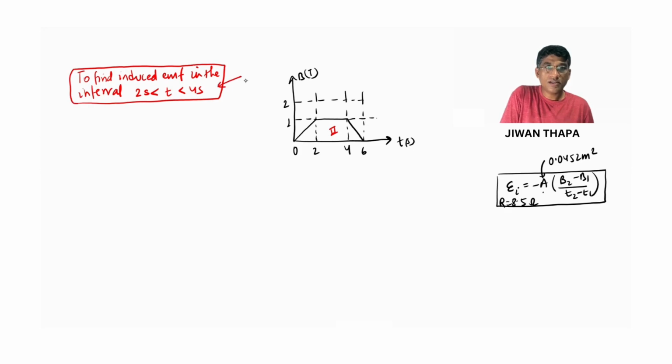This is region 2 in the graph. So we find it for this region. Now we use equation 2, so this was equation 2.